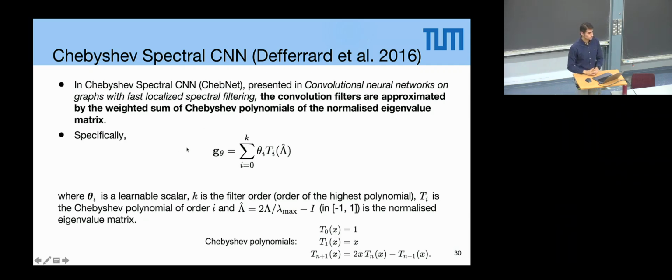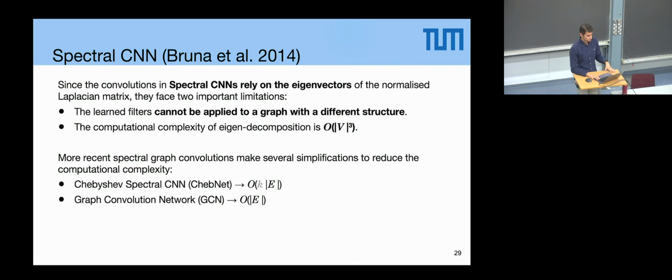Okay, let's continue. So we saw before those problems with the spectral CNNs. They don't work with different connectivities for the graph, and also they are quite expensive to apply because we need to compute the eigenvalue decomposition. But I should mention this eigenvalue decomposition only has to be computed once.